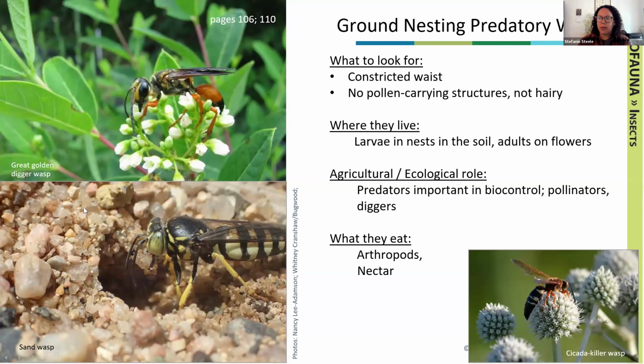If they do have hairs on their body, they tend to be silver. Also notice the legs, they have these spines. Those spines might help them with carrying their prey. And yes, wasps are very diverse and beautiful and helpful in our ecosystems.